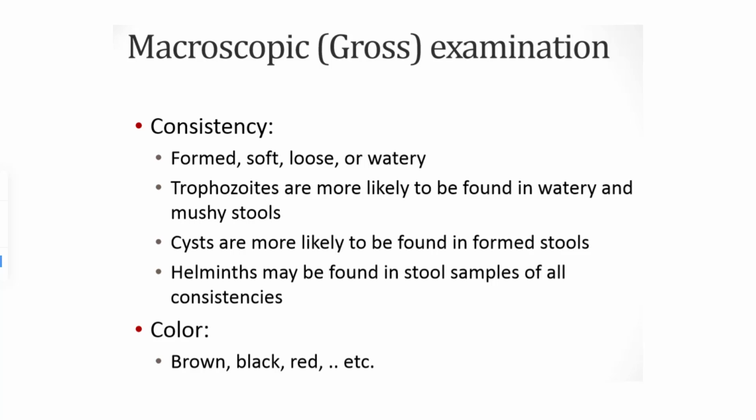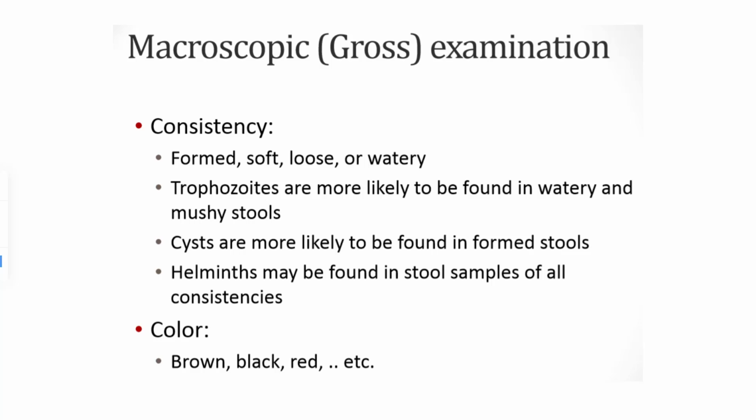So once the organism passes through the lower part of the digestive tract, all of the water is sucked out of that stool specimen, and cysts will form at that point. And then when a person defecates, usually the cysts are coming out. Unless it's super watery stool, then the trophozoite form would also pass out.